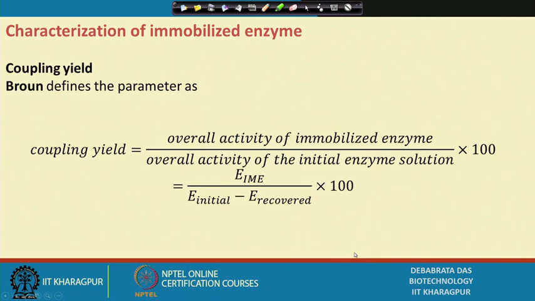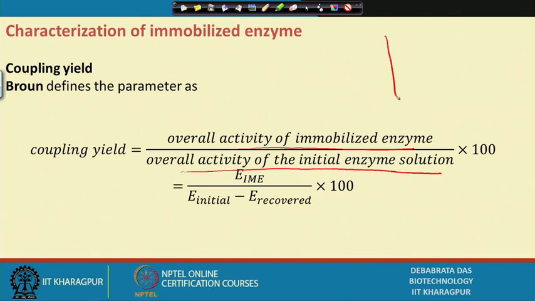Now, finally, I want to tell you that in an immobilized system, there is one thing called coupling yield or coupling efficiency. What do you mean by coupling efficiency? Here you see the overall activity of the immobilized enzyme and the overall activity of the initial enzyme solution.